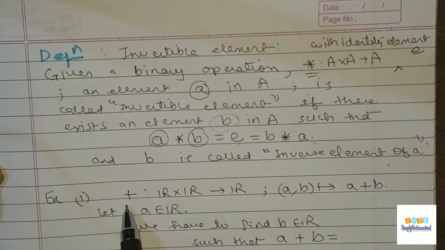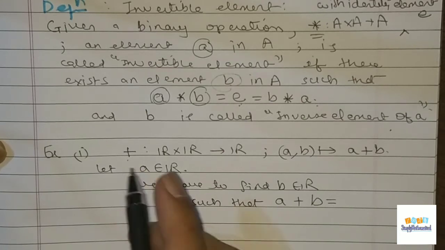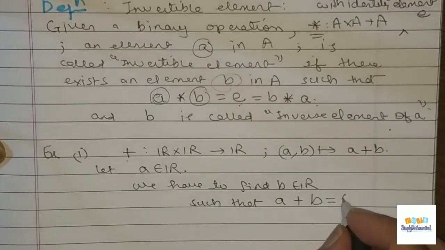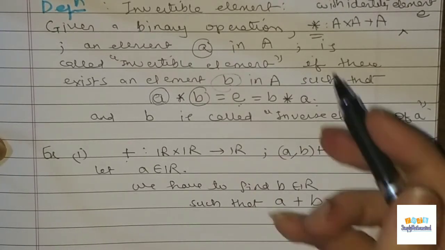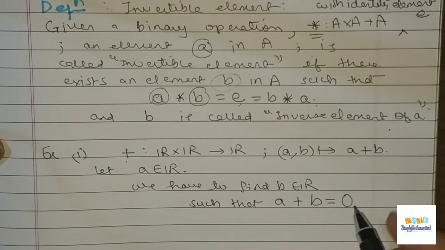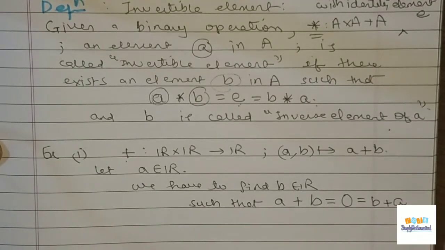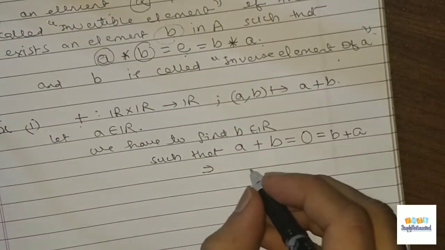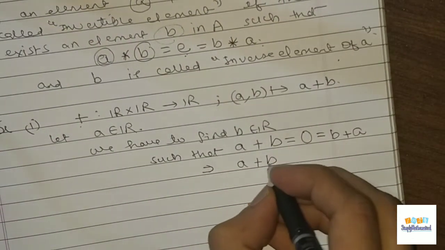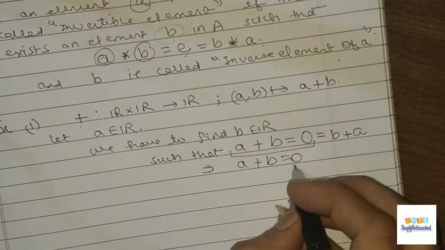Now you have to go back to the definition of identity element. What is the identity element for addition? It is 0. So A plus B in this case should be 0. Don't write E, E is in general for any operation, so it is 0, which is equal to B plus A. If we take only the first equation, you get A plus B equal to 0.